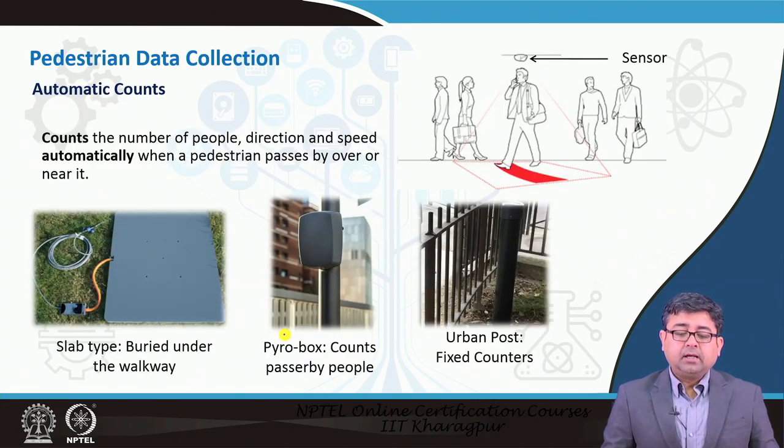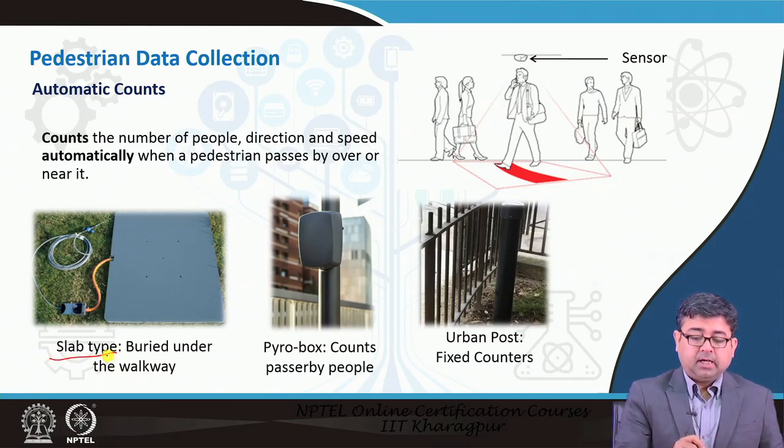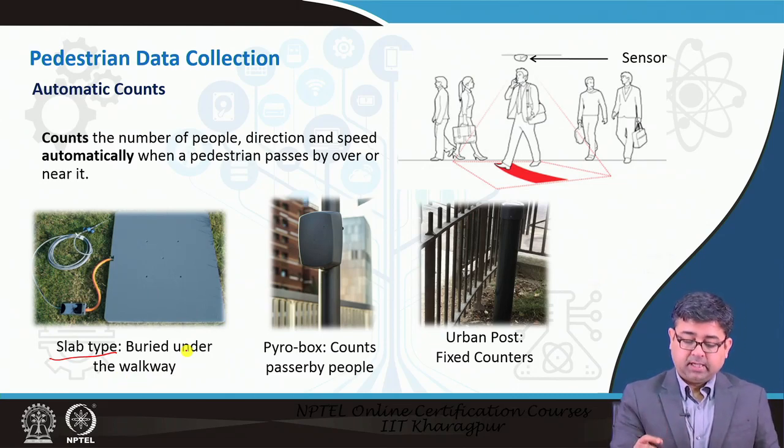However, now there are a lot of automatic count collecting devices available. For example, the slab type device, which can be buried under the walkway, works on the principle of pressure. If pressure is applied on it, it will automatically register a count.